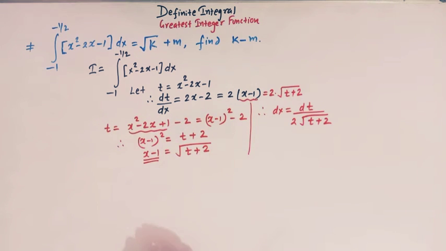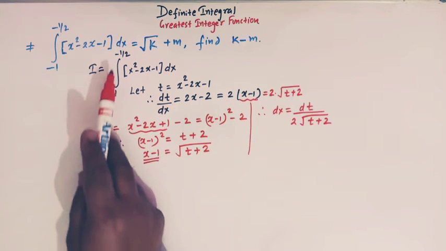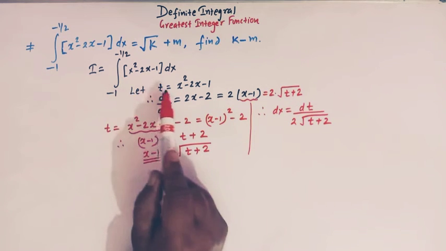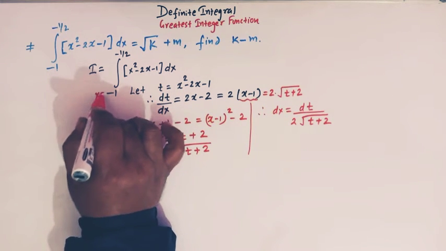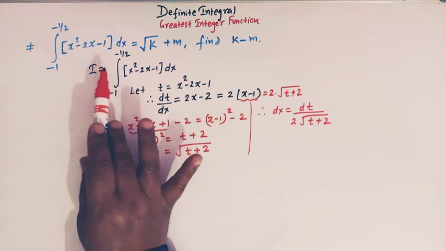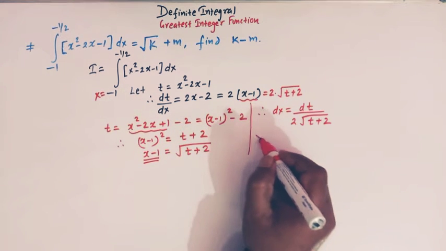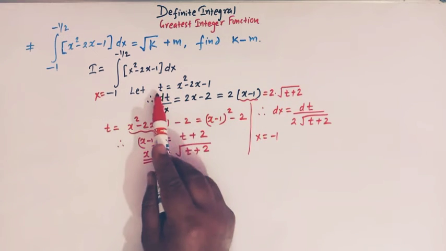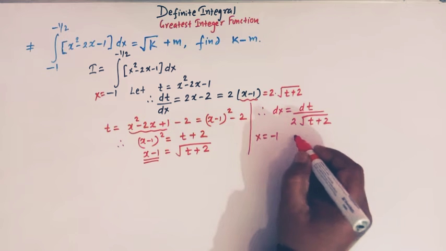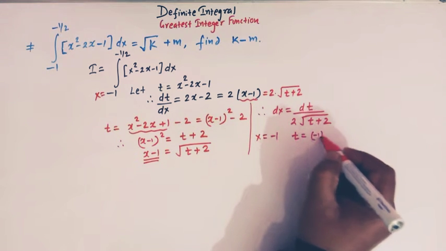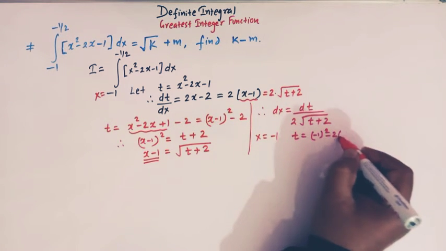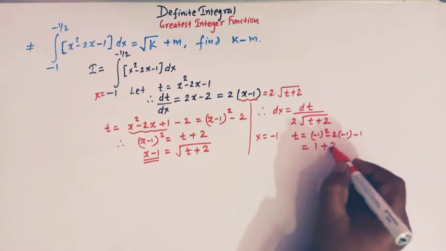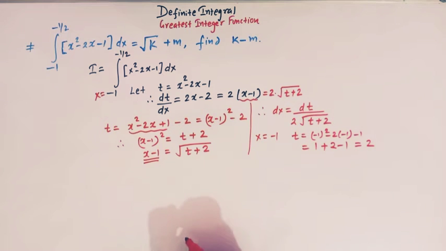Now let us change the limits accordingly, because we are changing the variable from x to t. We see that x varies from -1 to -1/2. When x is -1, t is equal to -1 square minus 2 times -1 minus 1, so this is 1 plus 2 minus 1, which is 2.